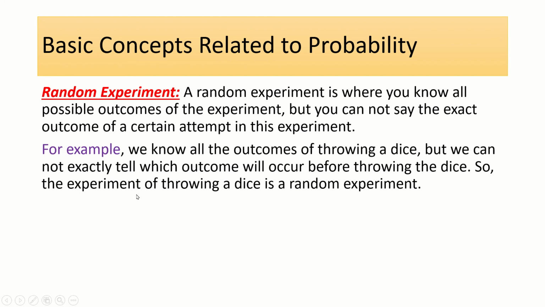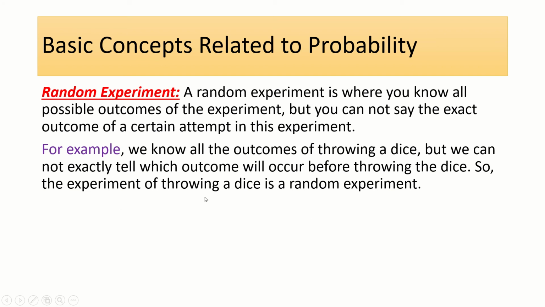For example, we know all the outcomes of throwing a dice, but we cannot tell exactly which outcome will occur before throwing the dice.